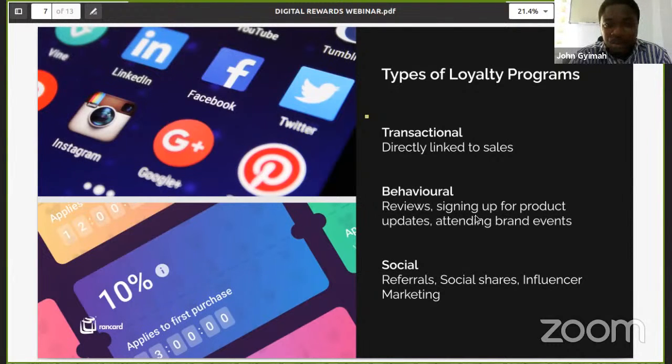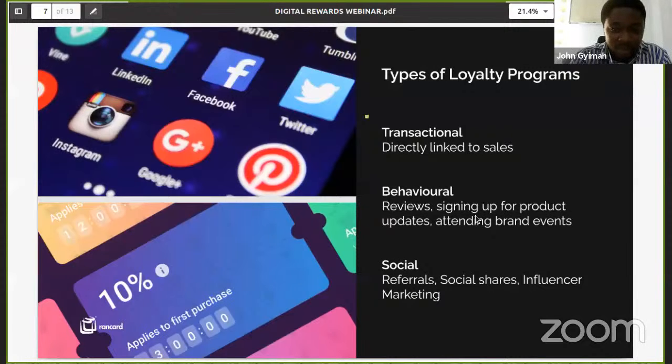If I have brands offering the same product at the same price, then I'll probably go for the one who will give me some sort of reward or acknowledge my effort in choosing their brand. So customers are constantly spoiled for choice, and with a loyalty program, it's easier for customers to make a decision inclined towards the brand.